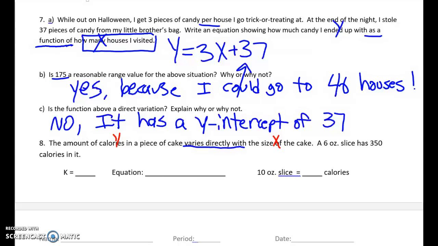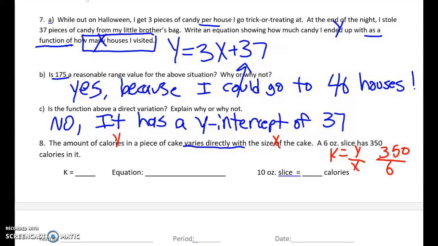I need to find k. K is equal to y over x. So in this scenario, that would be calories over ounces. So calories per ounce. 350 over 6.